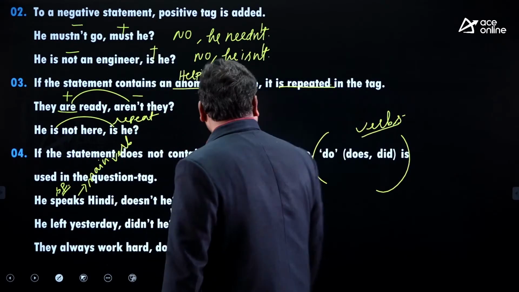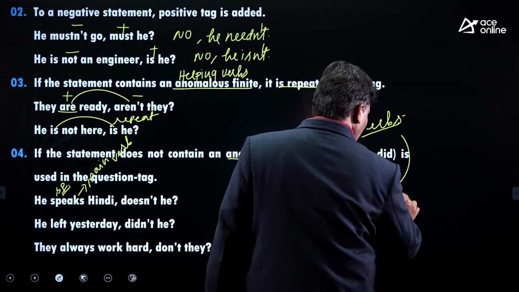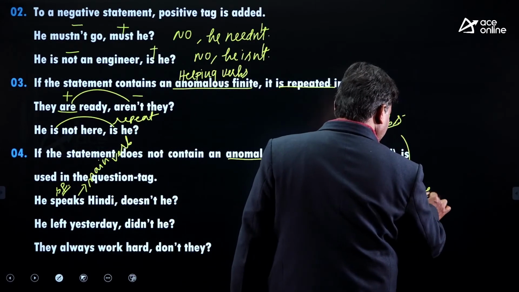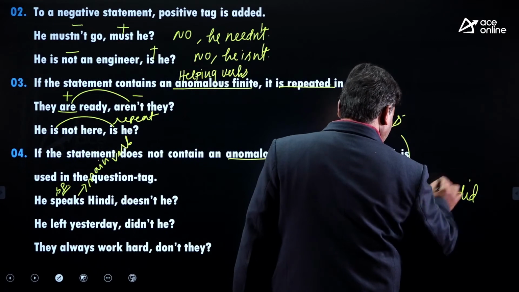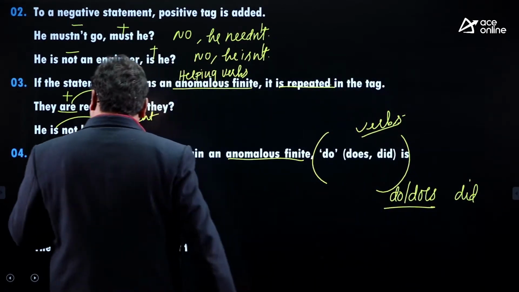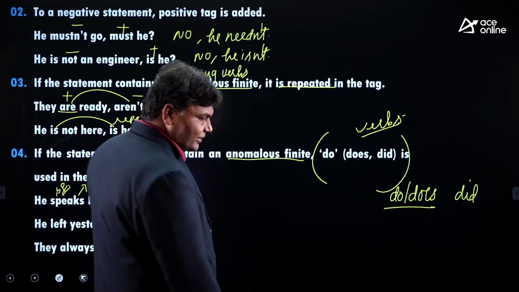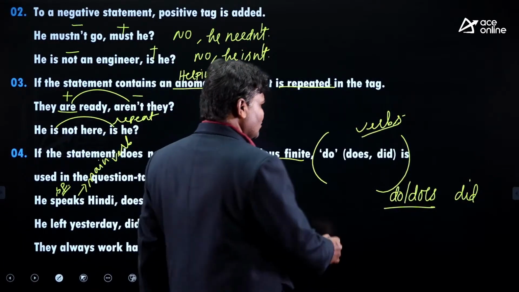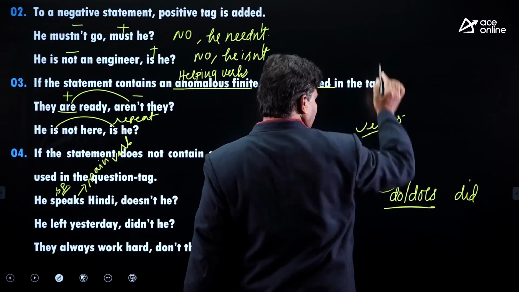Definitely, what are the possibilities that we can think of now? Do, does both are present tense and did is past tense. So we have to choose either do or does. Since speaks is a singular third person now, again I just write here for your convenience sake, students.